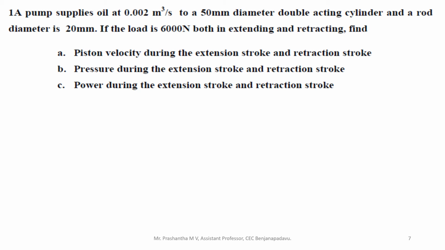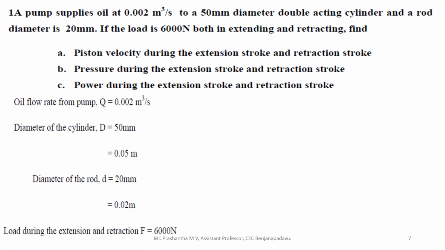See, in the numerical they have asked velocity, pressure and power for both extension stroke and retraction stroke. First note down the data given in the numerical. See, here oil supplies, that is oil flow Q equal to 0.002 meter cube per second.